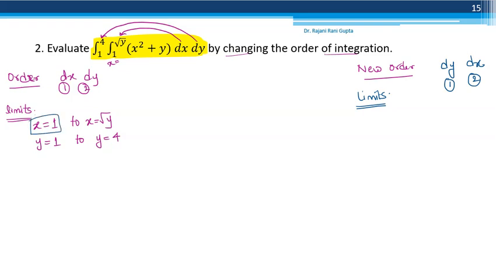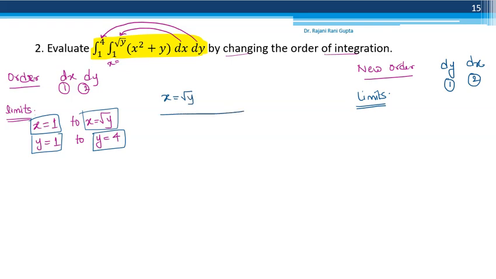So x equal to 1, y equal to 1, y equal to 4. These are straight lines that you can easily plot. For this one, you need to get a set of points to plot. What you have is x equal to root of y.